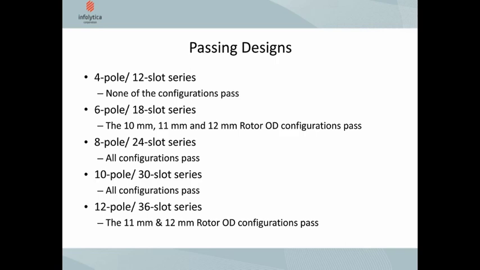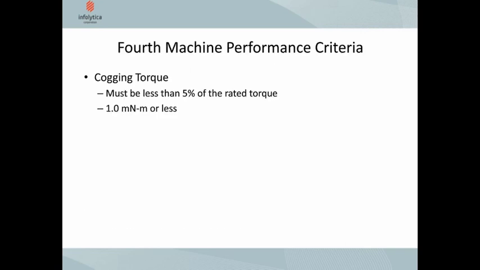We're going to embark upon another experimental test, which is the cogging torque test. With our cogging torque test, we're going to define success as a cogging torque that is less than 5% of the rated torque, or in other words, 1 millinewton meter or less. To assess our machines, we're going to use another experiment within MotorSolve called the cogging torque test.